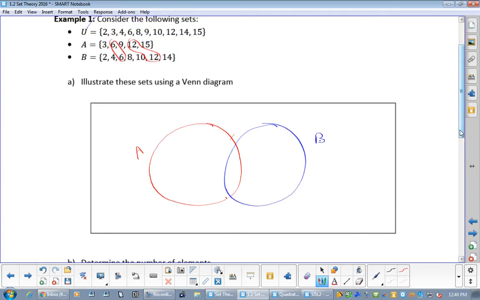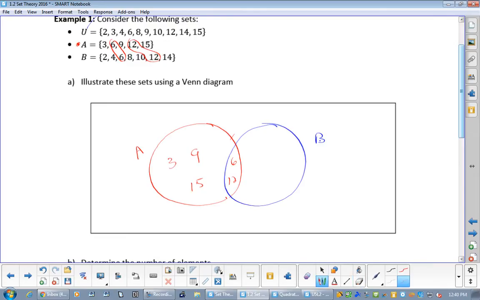now A will be, obviously, everything, that will be my red, right? I'm going to put that in there, but I'm going to be deliberate about putting 6 and 12 there. And then I will put 3, 9, and 15 there. Do you see how that's all of A? Right?